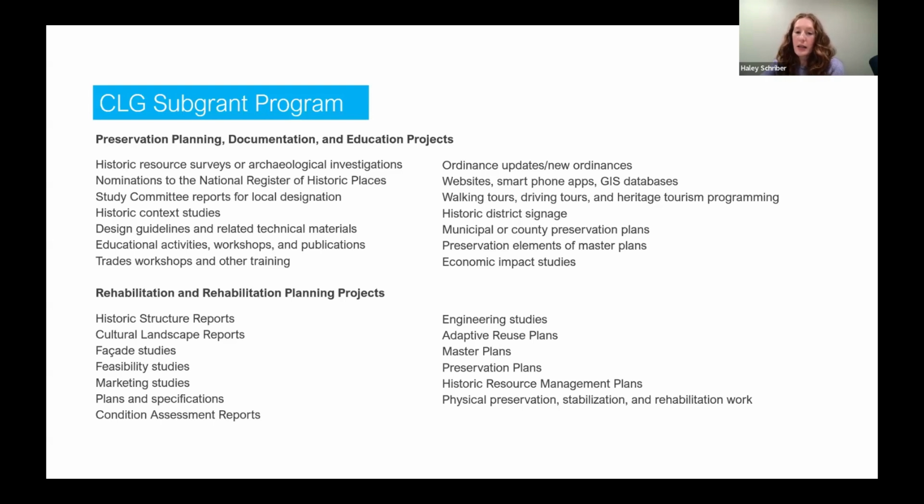The second category is rehabilitation and rehabilitation planning projects. So rehabilitation planning projects are pre-development activities that help promote continued use and investment in historic properties. Eligible project activities include things like plans and specifications, historic structure reports, cultural landscape studies, feasibility studies, etc. And then rehabilitation projects are development activities and more of that physical bricks and mortar work.